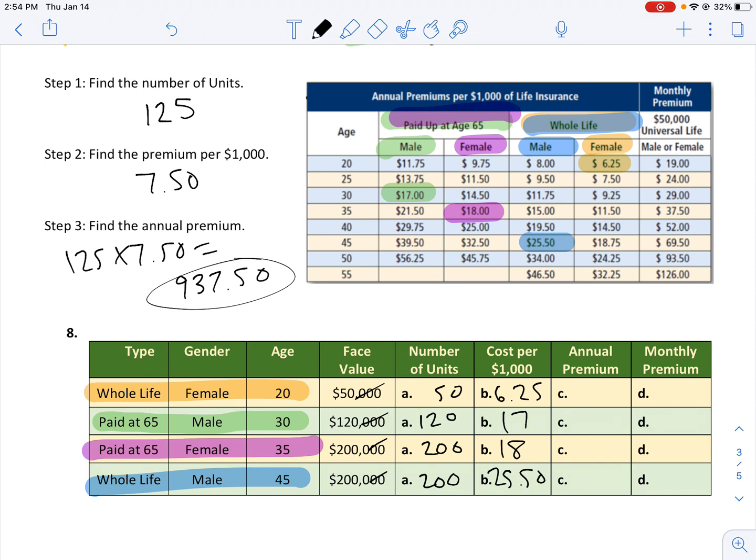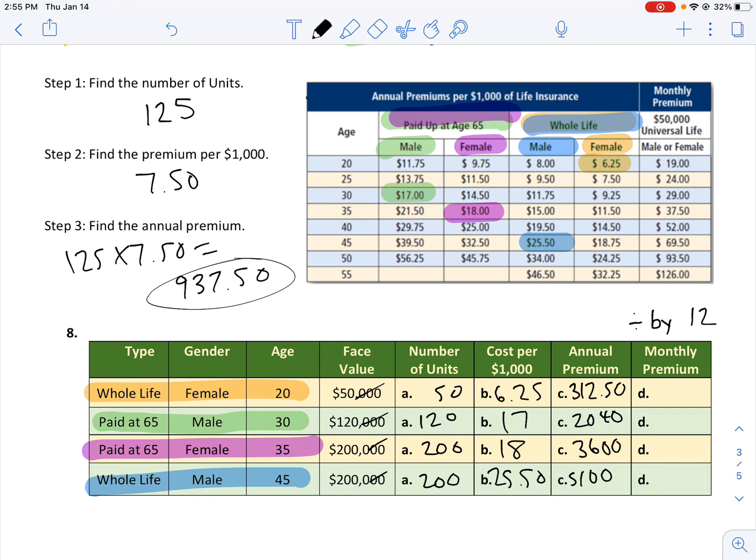So 50 times 625, 312.50. 120 times 17, 2040. 200 times 18, 3600. And 200 times 2550, 5100. To find our monthly, we divide by 12.